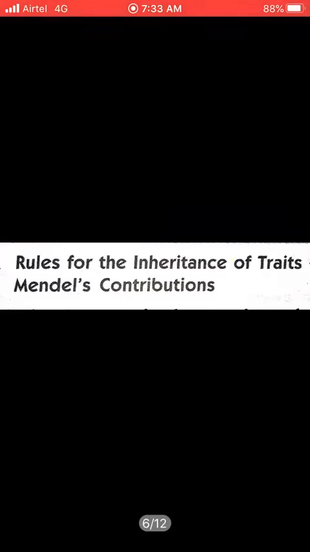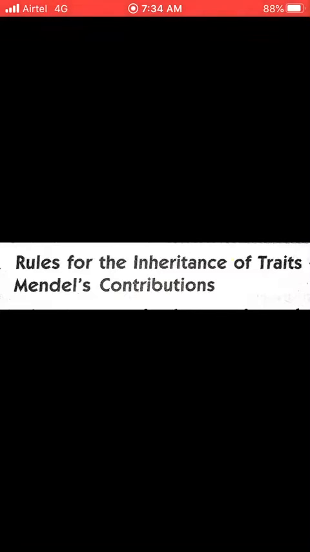Mendel's contribution: Mendel did his work on the pea plant, and he found out that a certain set of characters express themselves more, but the other set of characters express late. So why is the expression of characteristics early in some and late in others? On the basis of that, he has given the laws. The laws are the law of dominance, the law of segregation, and the law of independent assortment. The three laws he has given.